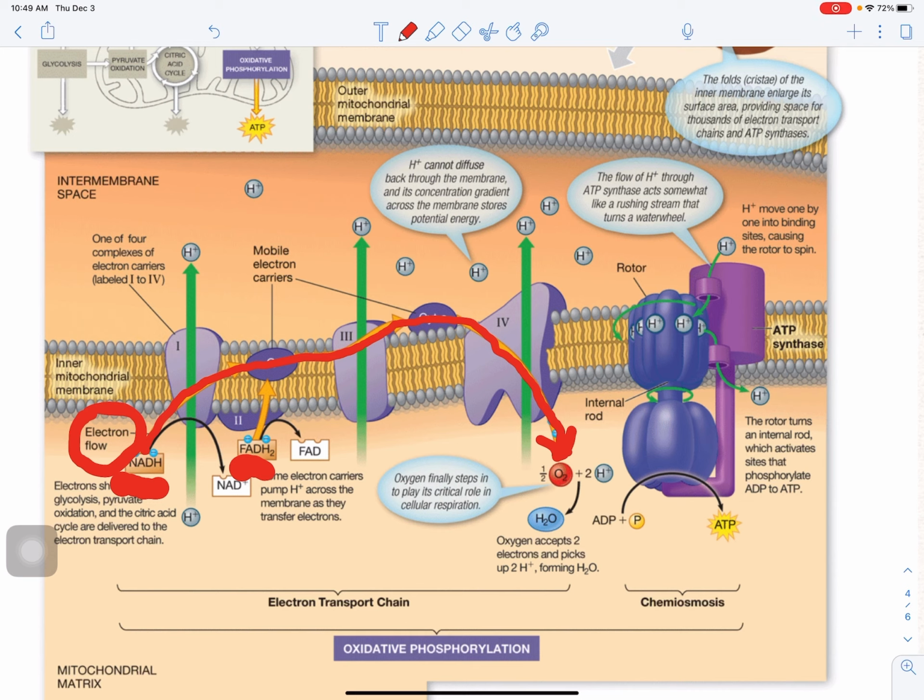Like Superman used to fly by and catch someone who is falling off of a bridge or a building. Here, oxygen is going to grab the falling electrons and combine with hydrogen. Electrons, oxygen, and hydrogen ions make water.